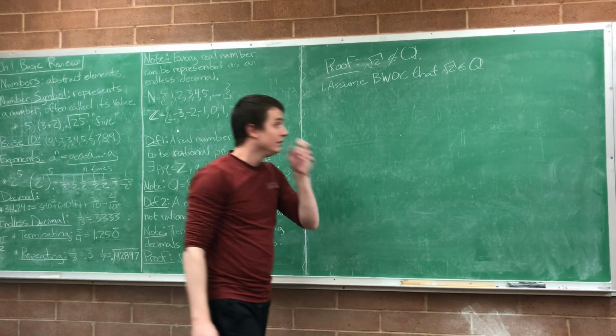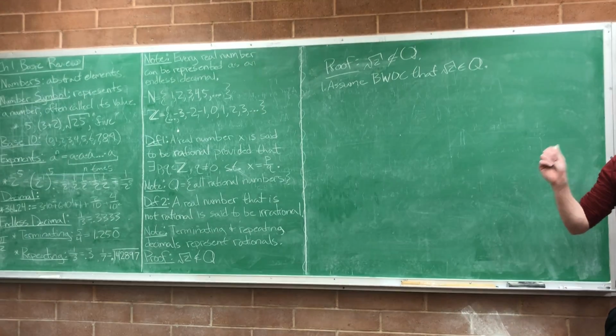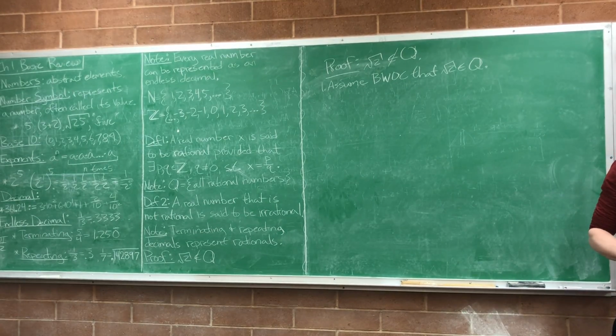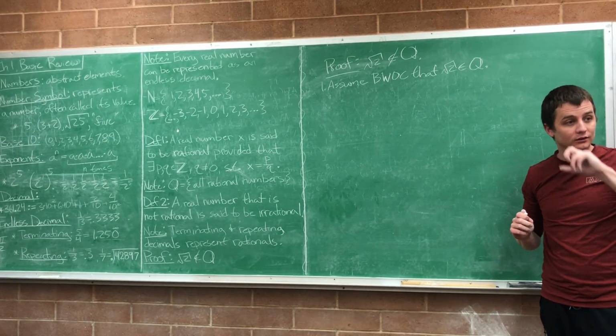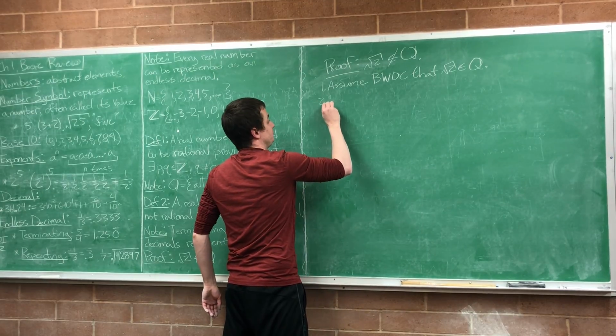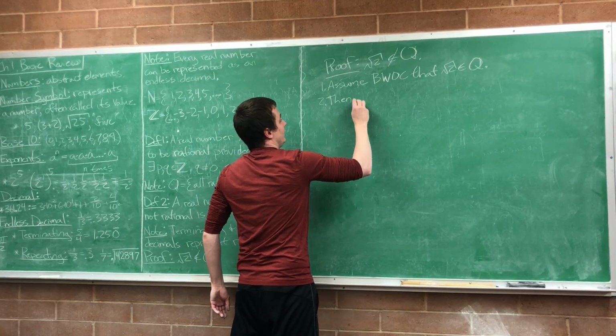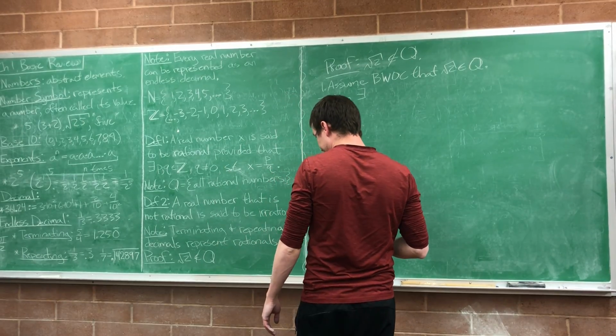Now, if the square root of 2 were rational, what would we know about it? What do we know about every rational number? You can take two integers and divide them. That there exist two integers such that it's equal to their quotient, right? Then there exists, what do we use over here when we defined it?